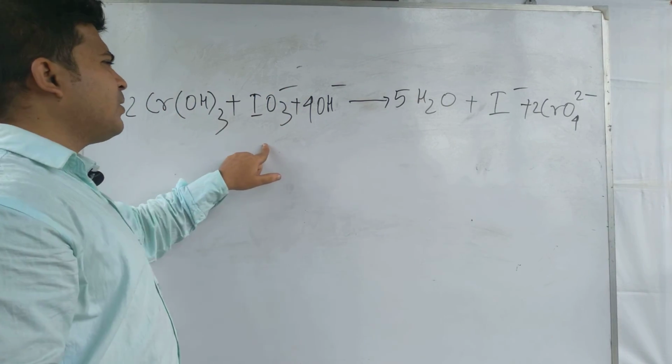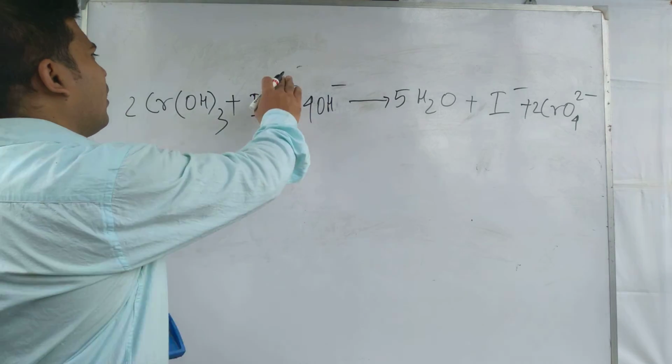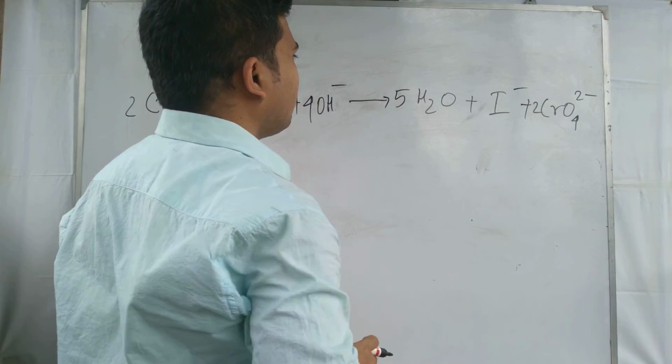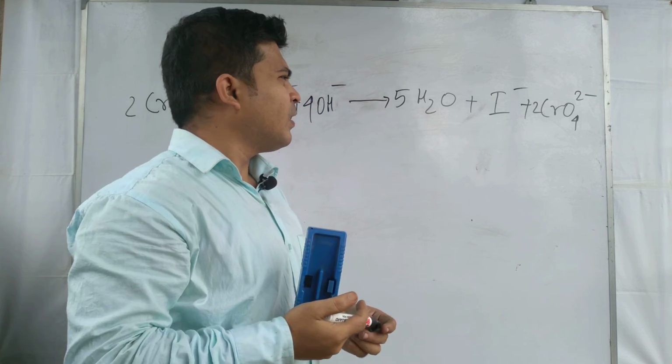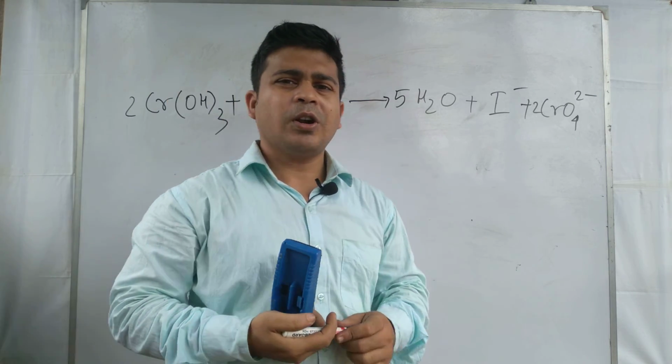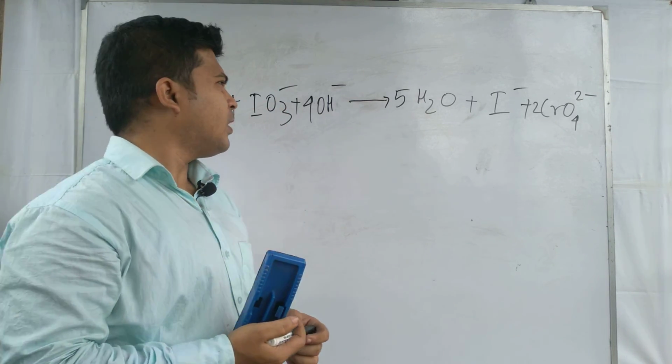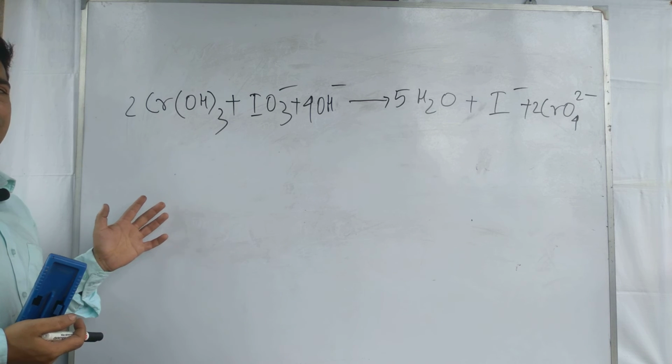This is our desired equation. This is the main balanced equation. Okay, so we got our main balanced equation.